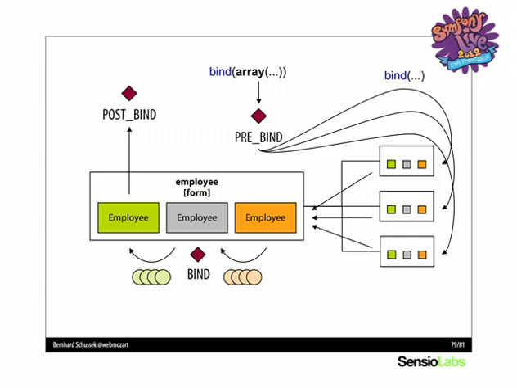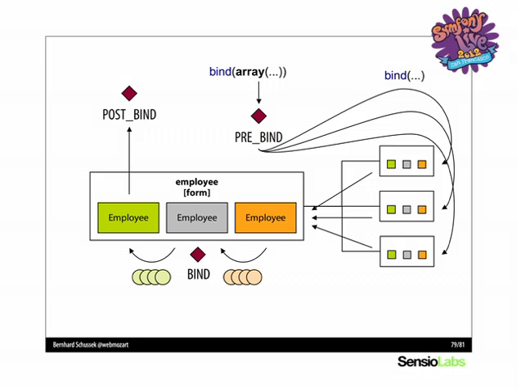And the model data of the fields are then mapped into the employee object of the form, which is then reverse transformed again to normalized format, which is passed to the bind event. You can use the bind event again to change the object, to do other stuff. And at last, the employee is transformed to model format before invoking the post-bind event.